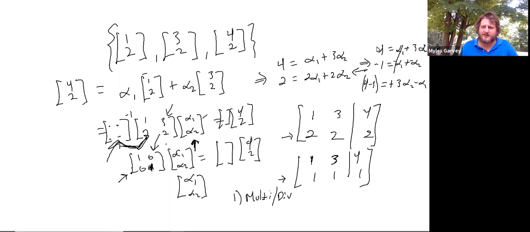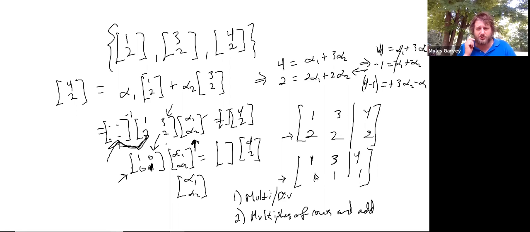So the mere fact that I can multiply both sides of an equation by a number and then add it so that it changes the equation and I get a new equation, that motivates another operation we can do row-wise, which is to take multiples of rows and add them. And doing that also will not change the solution to the system here.